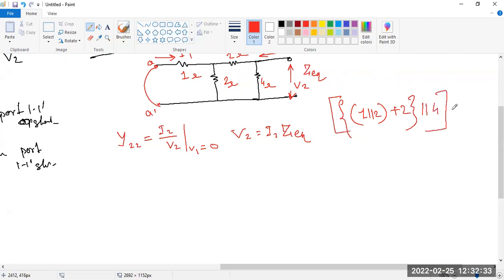That is the equivalent resistance, Z equivalent. Okay, so if you go for solving, guys, you can get the value Z equivalent equal to 8 by 5 ohm. Okay, 8 by 5 ohm. Just solve it.